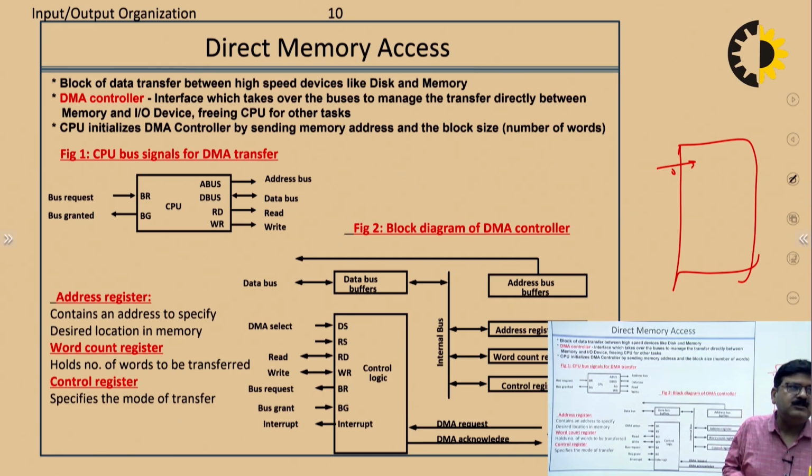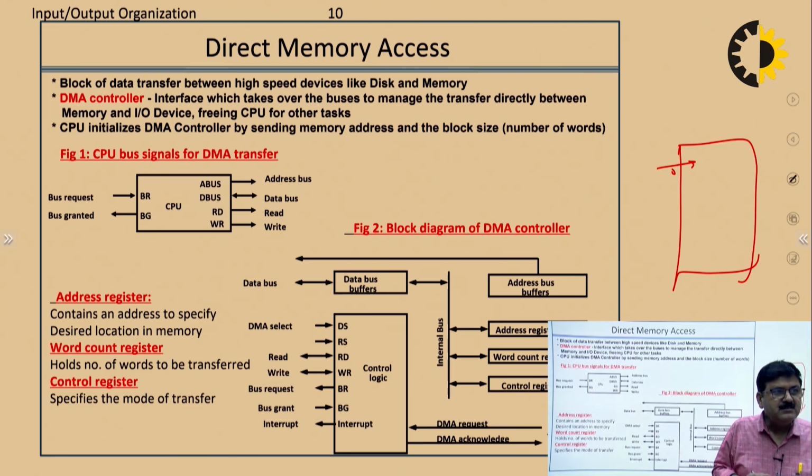Word count register: what is this word count register? It holds the number of words to be transferred. Control register: what is it? It specifies the mode of the transfer.